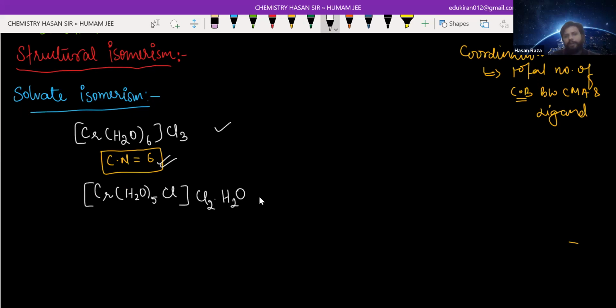Both have the same molecular formula, but different arrangement of the ligands, and that's why they are known as solvent isomerism. Is that clear? You just need to exchange it with water. This solvent isomerism is especially for water. There will be exchange between water and the counter ion, whatever it is. Okay.